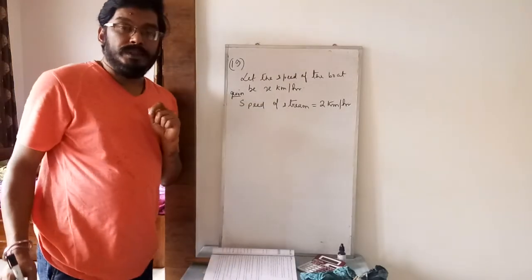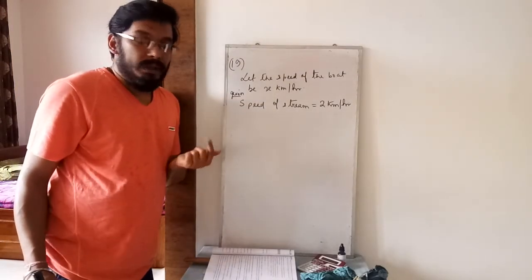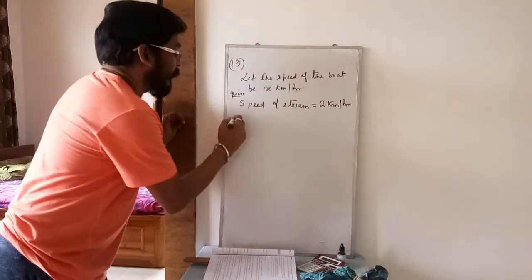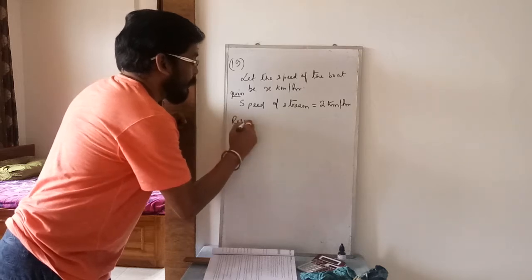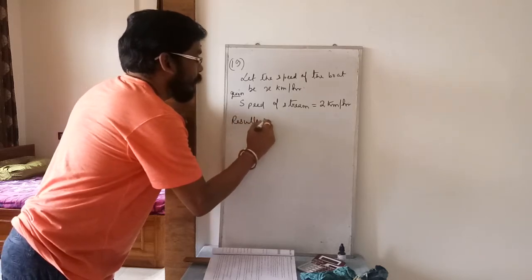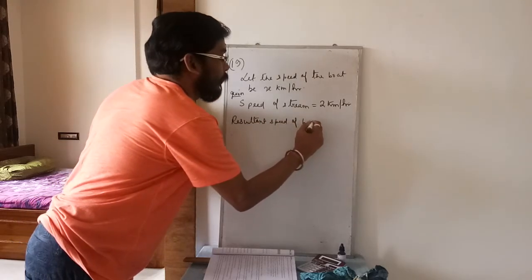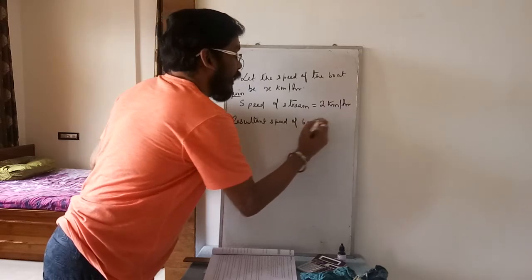I will find out the speed of the boat in downstream and in upstream. I have said in downstream the speed will increase. So I am writing here resultant speed. Resultant means total speed. Resultant speed of boat downstream.